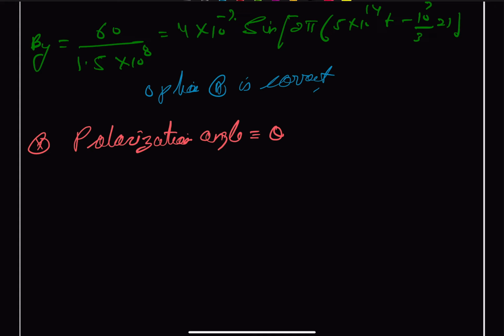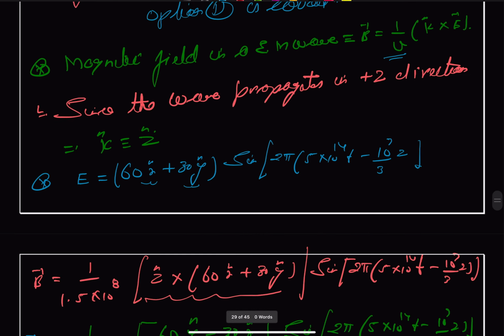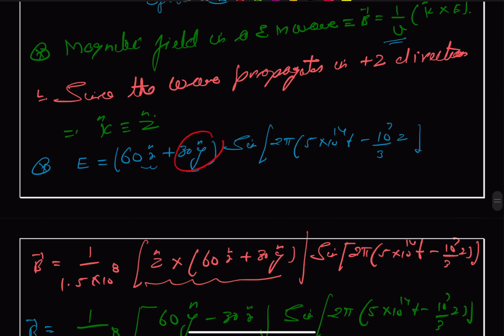And this is basically, we can write that the tangent of theta will be equal to electric field component in y direction divided by electric field component in x direction. So which is simply their magnitudes, that is 30 divided by 60, okay, because this is our y component and this is our x component.